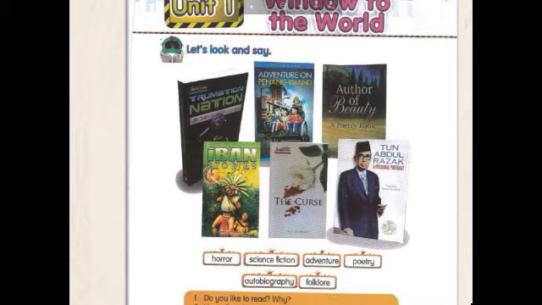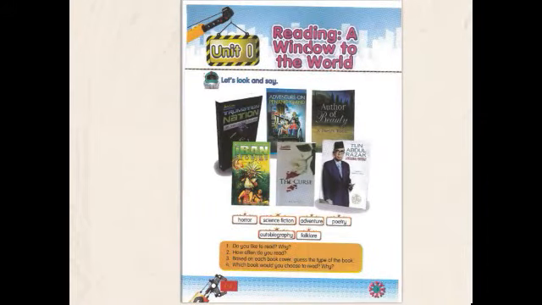The unit for today is Reading, a Window to the World. Make sure you point your finger to the words when I read something from your textbook.